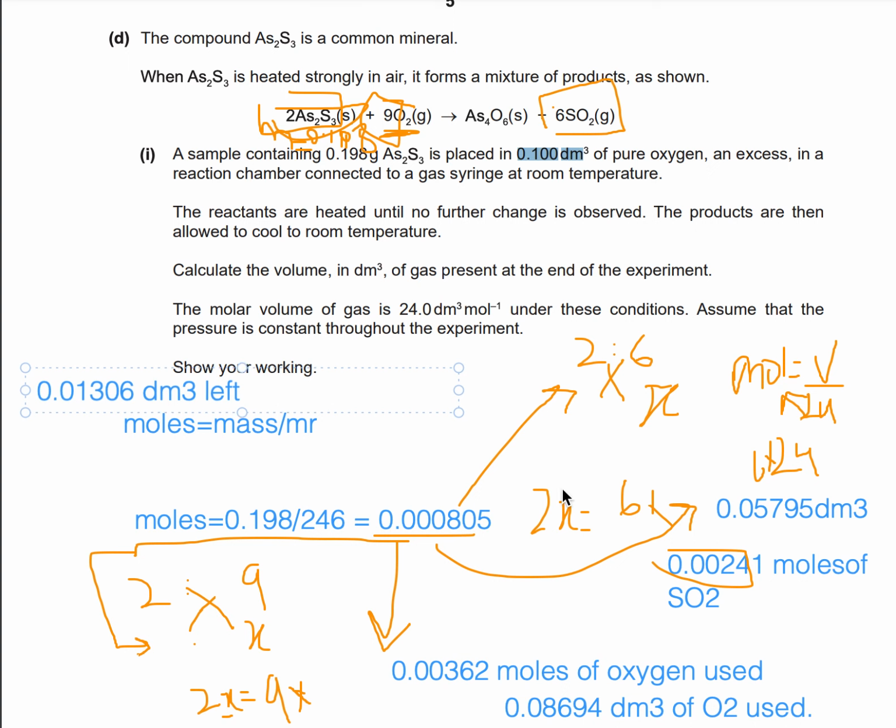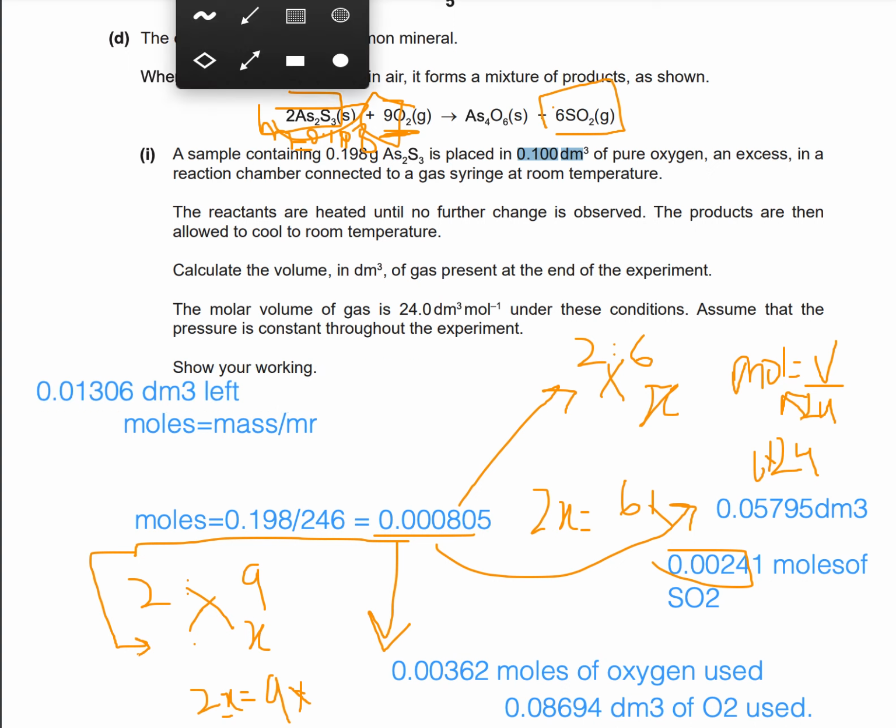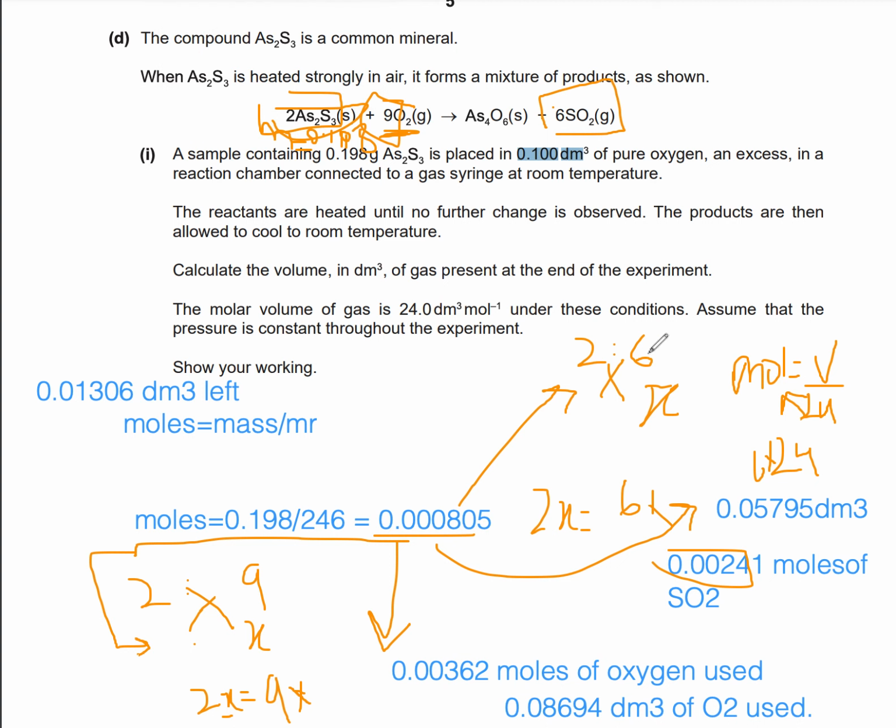Okay, and this value over here is the volume of SO2 produced. So when we add these two, we'll get the complete volume which is present at the end of the experiment.